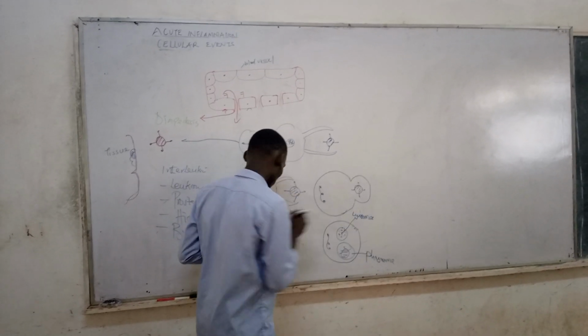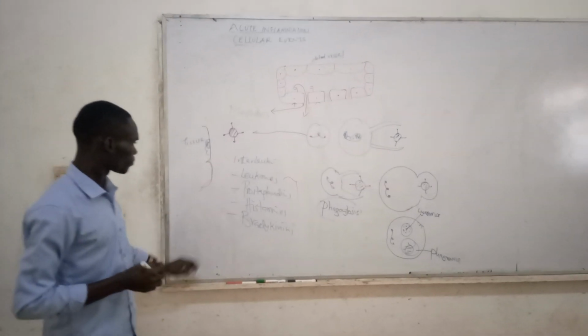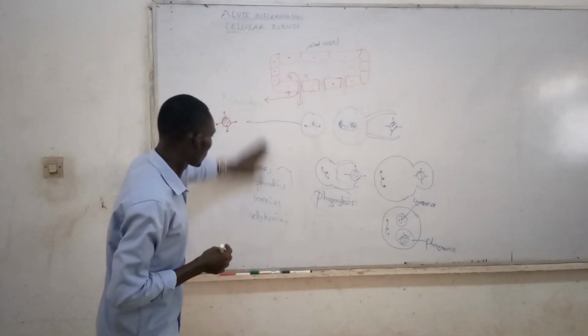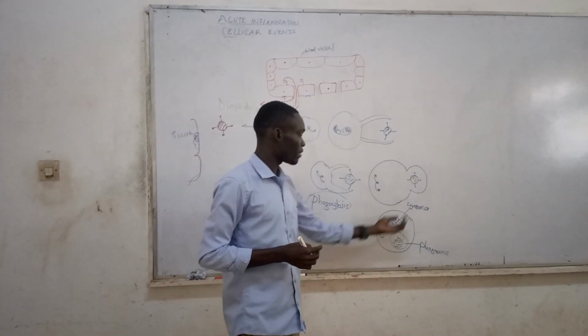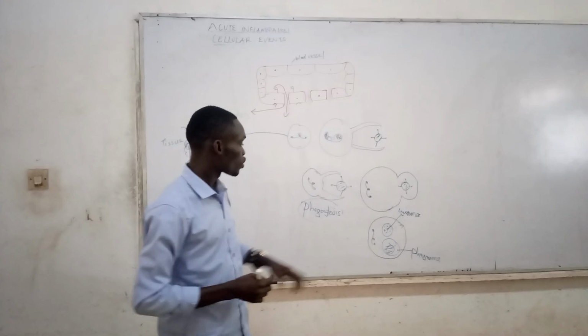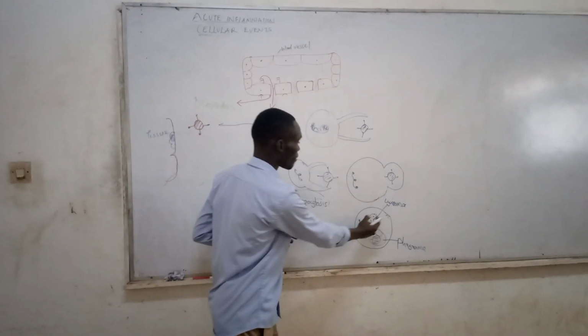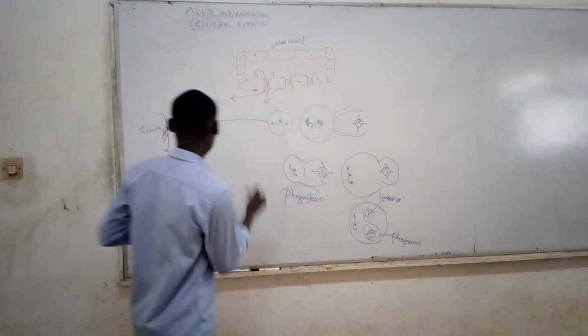So what happens next? Next, we have two vesicles. The vesicle containing some lysosomes, and another vesicle containing the phagosome. So the next thing, the vesicle containing lysosome fuses with the phagosome.